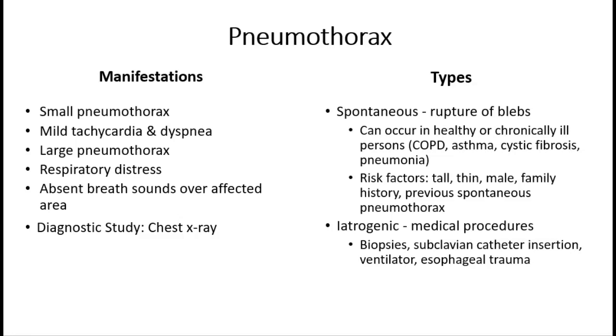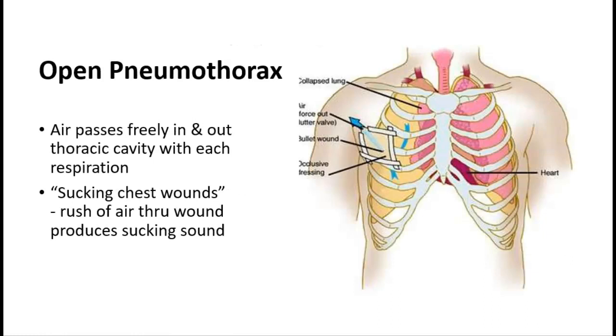And then there's the types, which again, we've already kind of addressed. So it's just written there for you. You see here our open pneumothorax and the treatment. You see that 3-sided dressing that gives you that flutter valve.